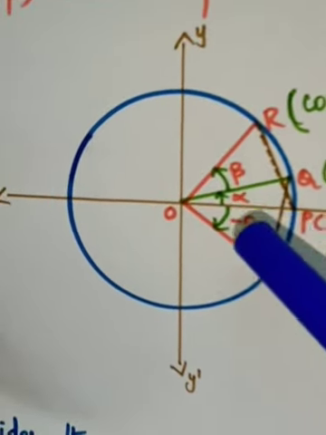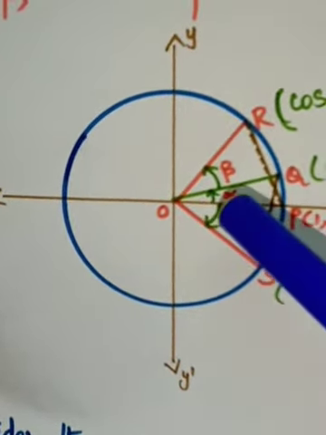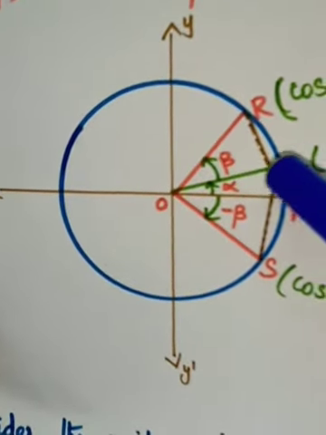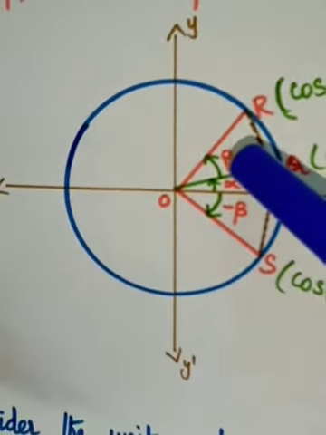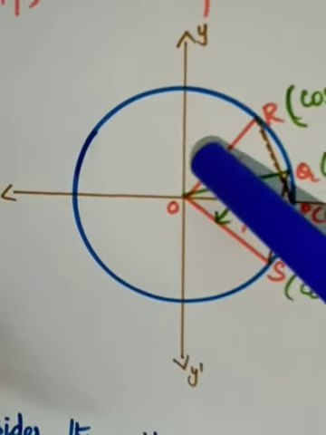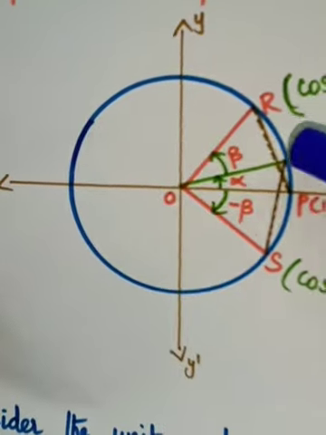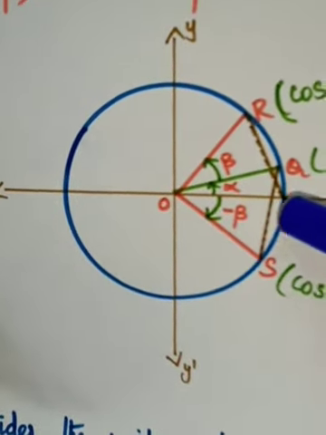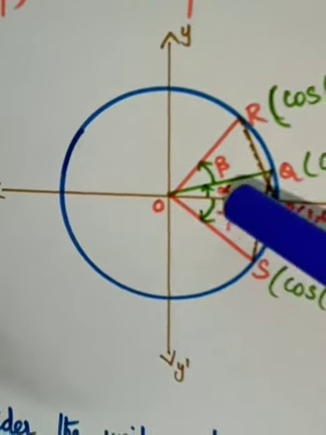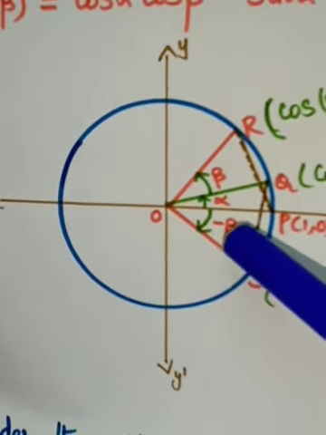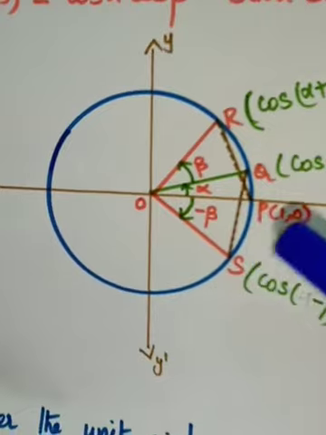You see the direction. POQ is alpha. It is anti-clockwise, so it is positive. In the same way, QOR is nothing but beta, which is also in the anti-clockwise direction, so it is positive. Here QOR is equal to POS, but the POS I have taken in the clockwise direction, so it is written as minus beta.